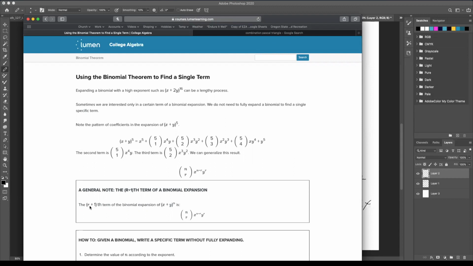So the r plus 1 term is given by this, right? So I was just trying to write it as the rth term. So this one would be plus 1, the other one's minus 1.